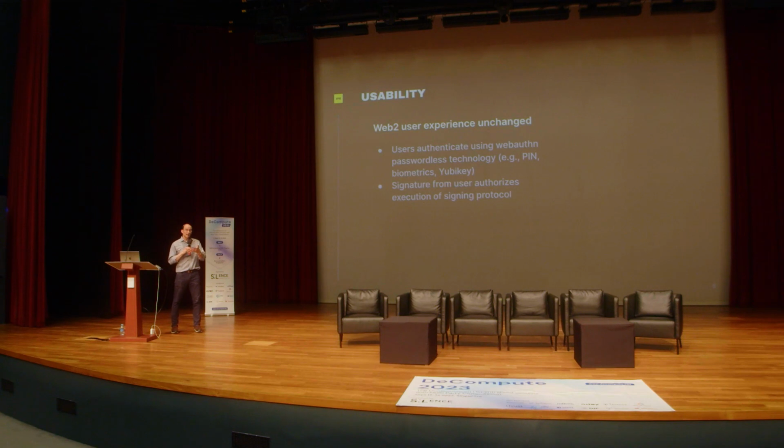So as I was saying, we can have users authenticate using WebAuthn passwordless technology, which could incorporate a PIN or perhaps biometrics or another hardware device like a YubiKey, which is something the user is already familiar with and already using for their other interactions with financial companies.